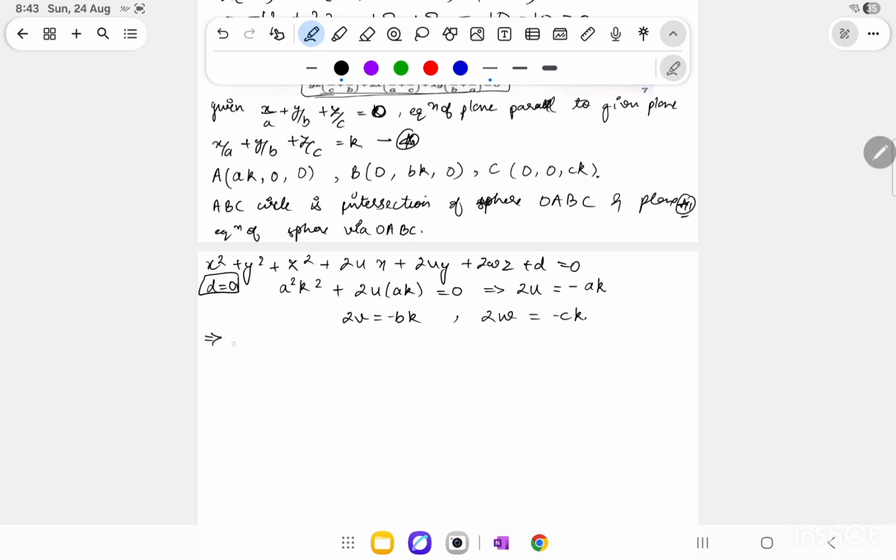So our equation of the sphere via OABC is x square plus y square plus z square minus akx minus bky minus ckz equals 0.